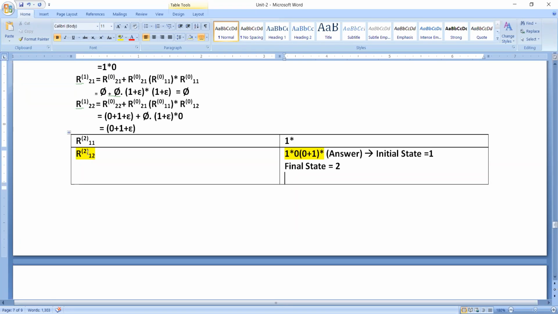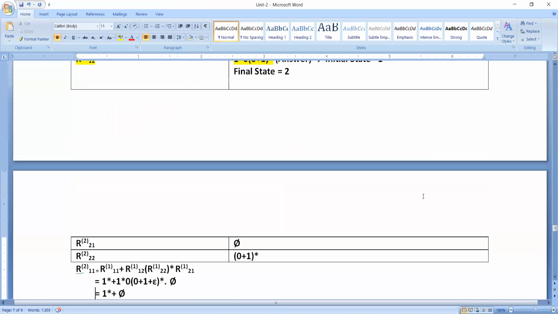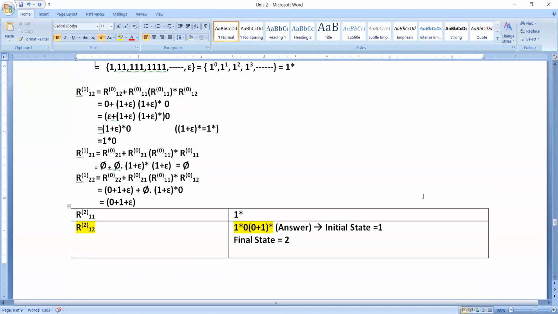That's the reason why I am not referring to r power 0, r power 1, and why I am referring only to r power 2. The reason is that we have a total of 2 nodes available in our transition diagram, so hence you need to refer to this one. Understood? So with this we have finished the part of converting the given finite automata into the corresponding regular expressions.